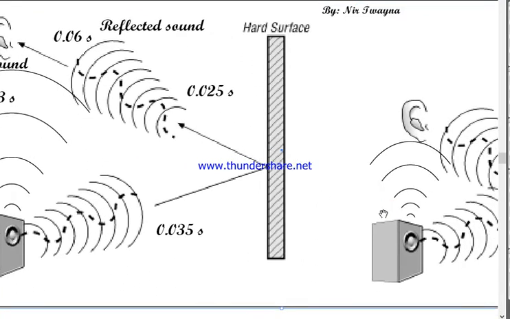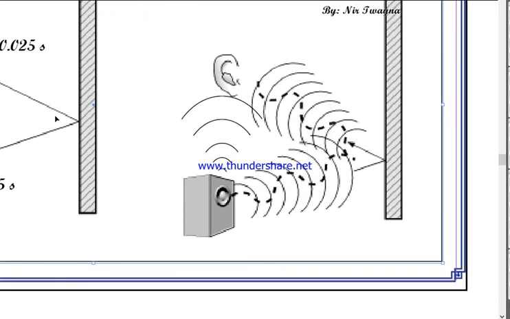Now let's do the same evaluation in this case, in which the wall is very close to the source of sound. Once again from the source to ear it takes 0.03 second. From the source to the wall, it takes 0.015 second, and the reflected sound takes 0.02 second.